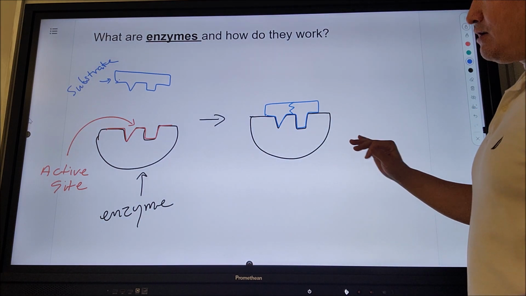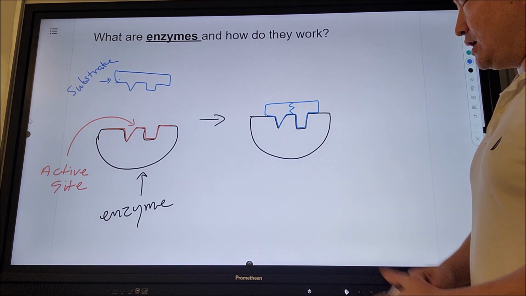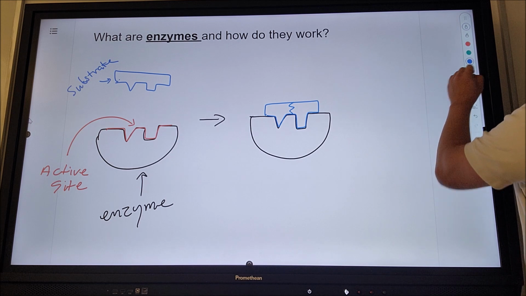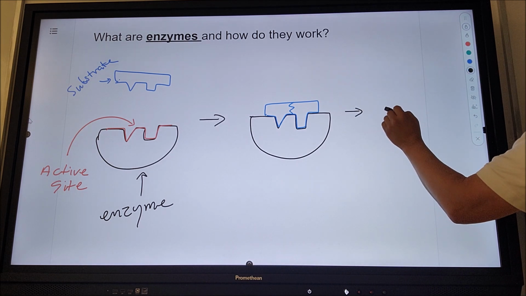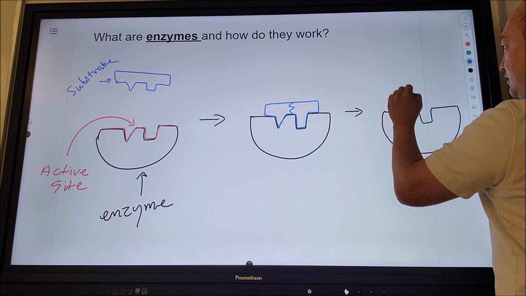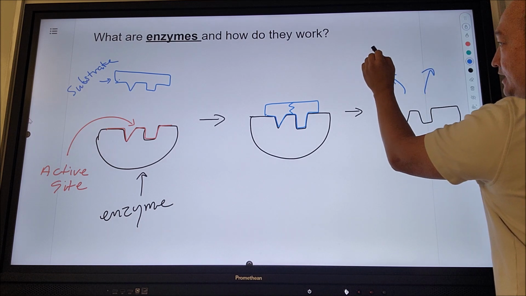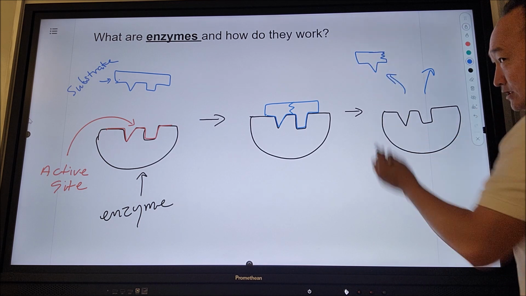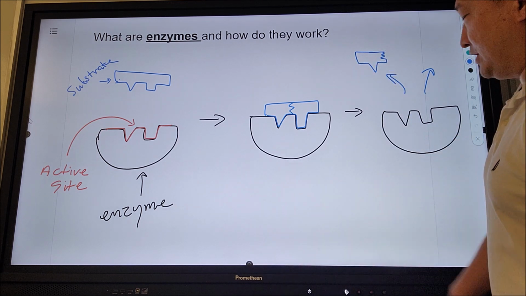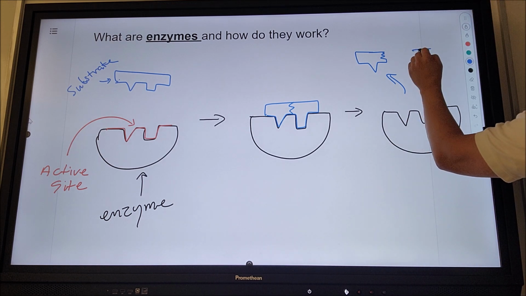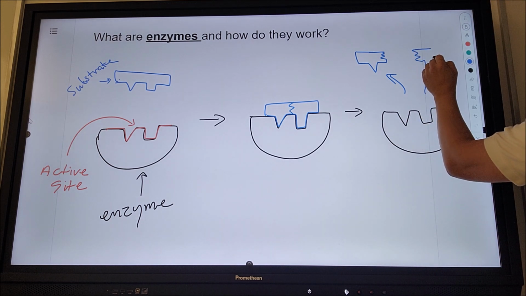There are several ways that enzymes work, but this is just one of the common ways that we show. All right, and then that is going to release the substrate as products. So now in this case, the substrate is being broken down, but that's not always what happens. Enzymes don't always help break things down. Sometimes they can help form things. But again, this is just a very common example.